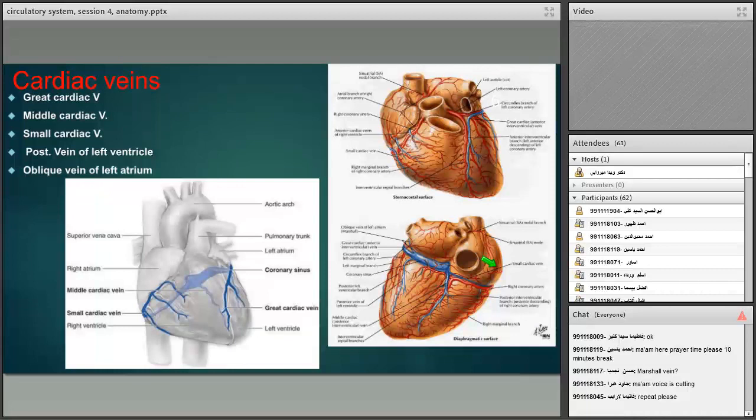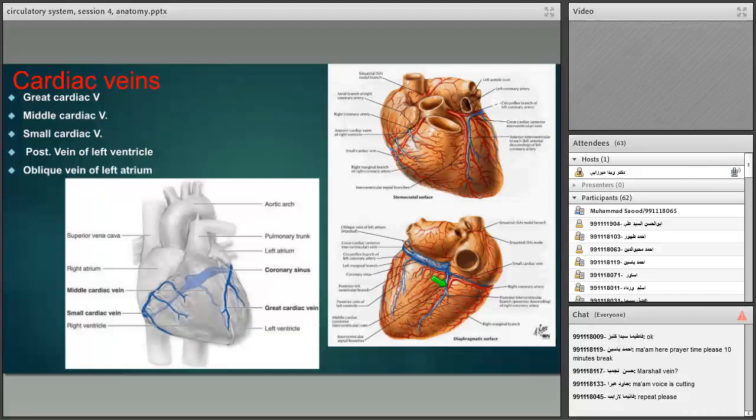So I will repeat again. The great cardiac vein will attach to the posterior vein of the left ventricle and form the coronary sinus. The oblique vein of the left atrium or Marshall vein will connect to the beginning part of the coronary sinus.